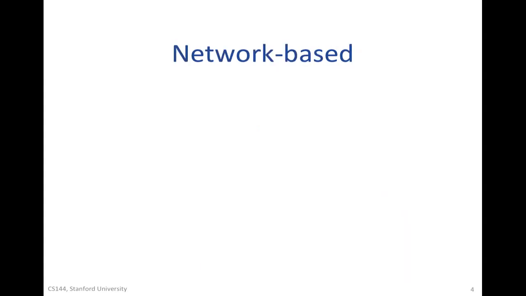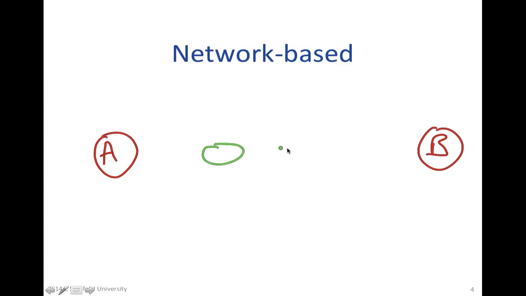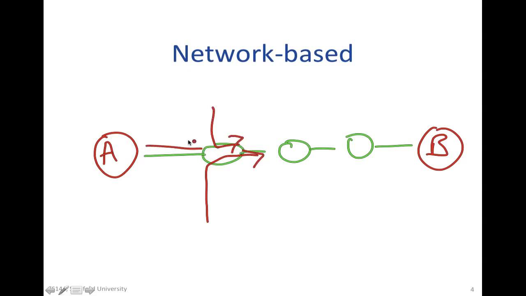So in network-based congestion control, there is explicit feedback that comes from the routers to indicate congestion in the network. So for example, if I have a source A and a destination B, and then some routers in between with some links like this, let's imagine that there are some flows in the network that are coming in from different directions going through this router, causing some congestion to take place right here.